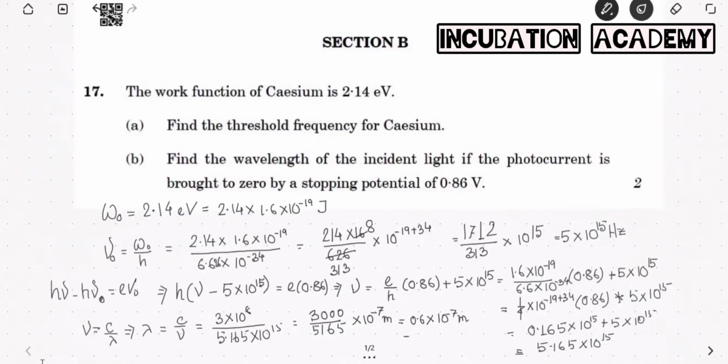So this can be written as 6000 into 10 to the power minus 10 meter, not minus 11, or you can say this is 6000 angstrom, or 600 nanometer. So this is the answer of part B. Part A answer we already got: 5 into 10 to the power 15 hertz.